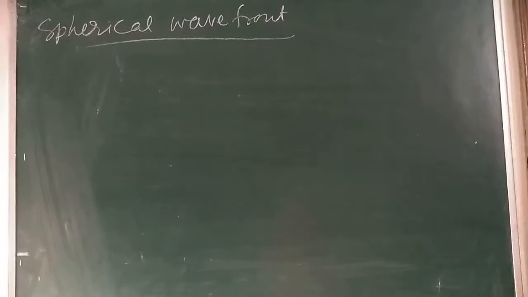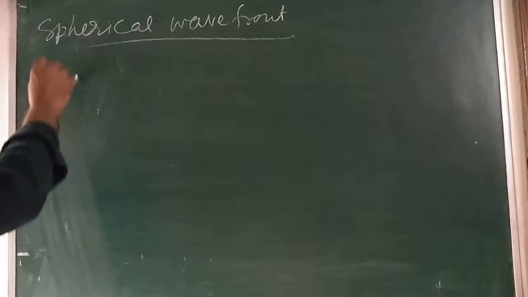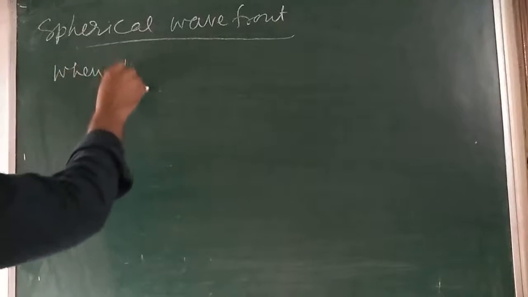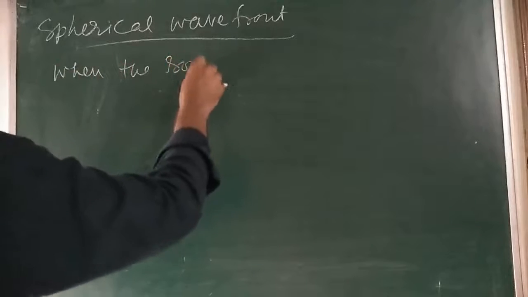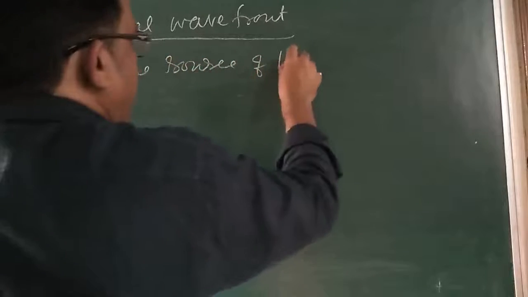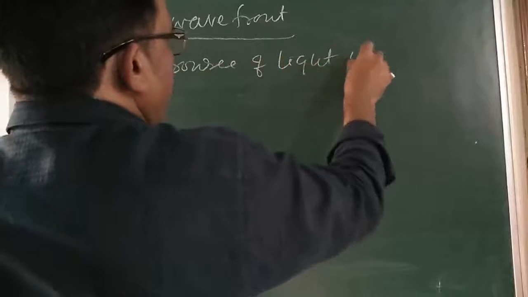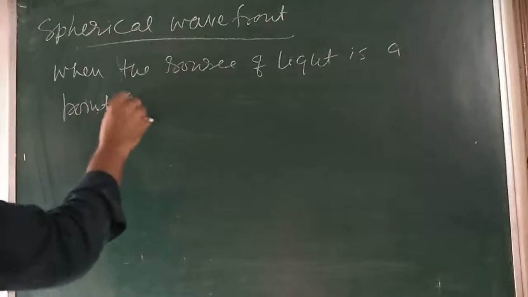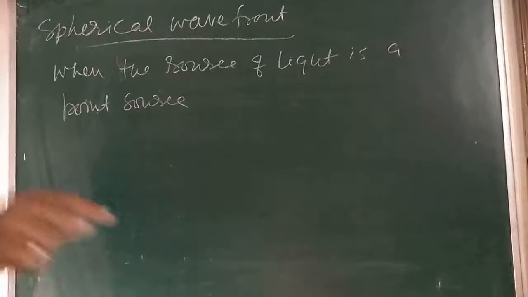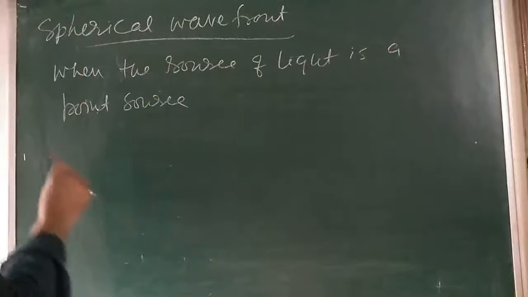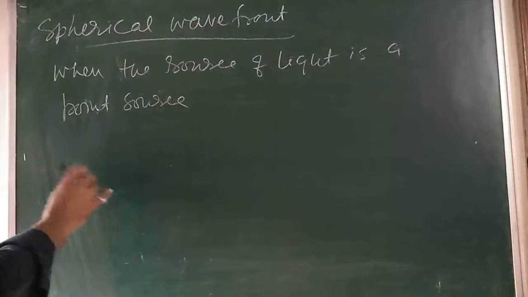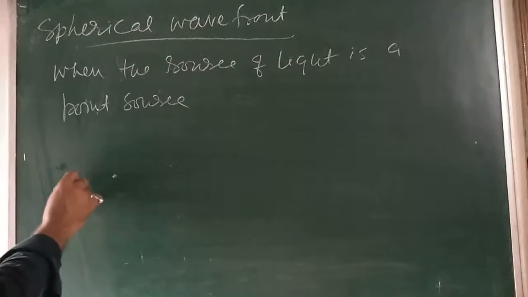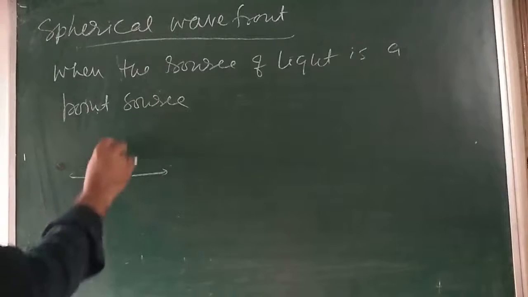Spherical wavefront: when the source of light is a point source, like that of a torch or a laser light. Light is coming from any source, and it will spread in all directions in this manner.